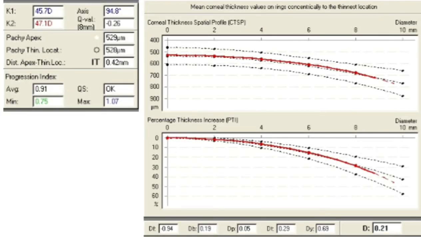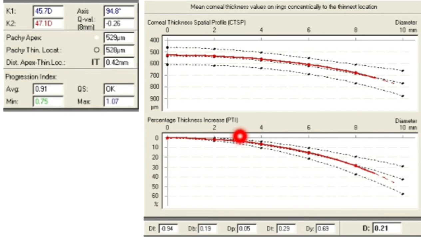This is also another map where you can see a red curve over here, okay. Always remember that this red curve should be parallel to this line up to the 6 millimeter area. So, it should not deviate before 6 millimeter. If this red curve continues to the 6 millimeter area, it means that the cornea is normal.